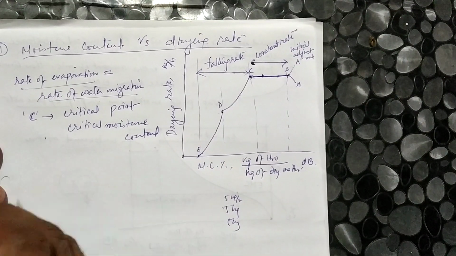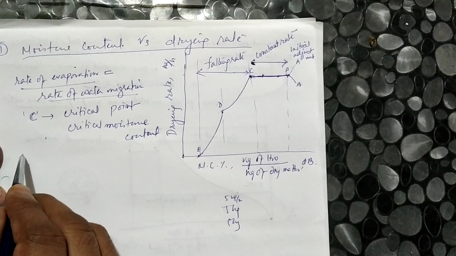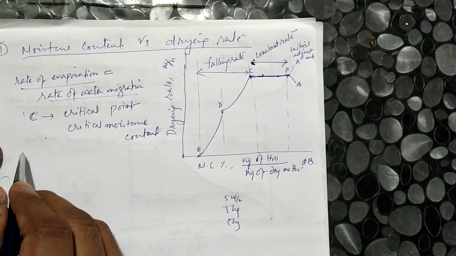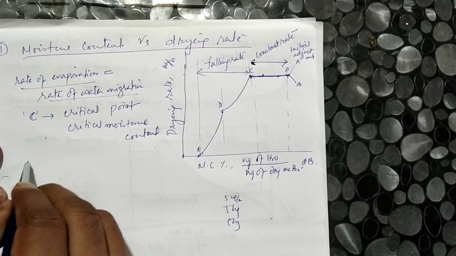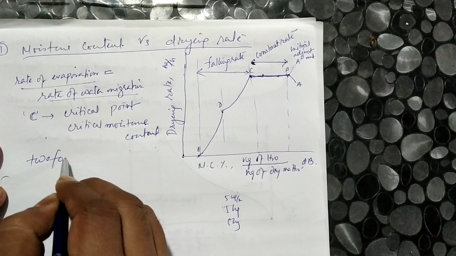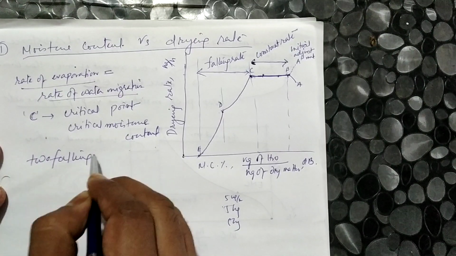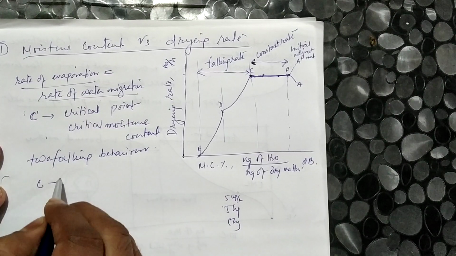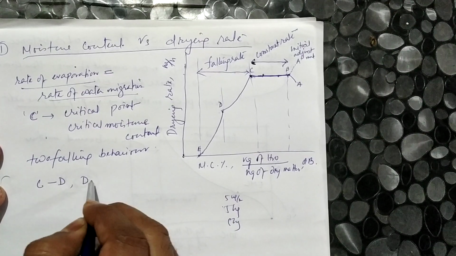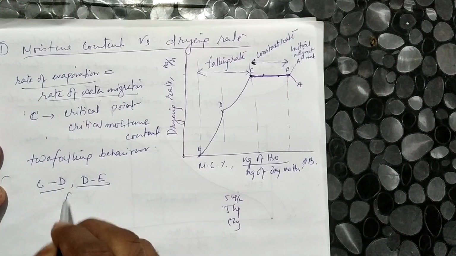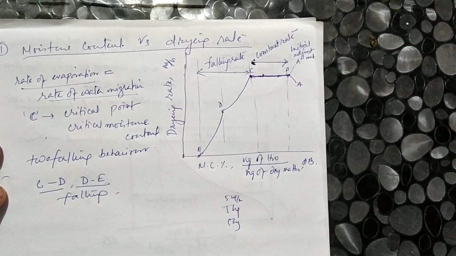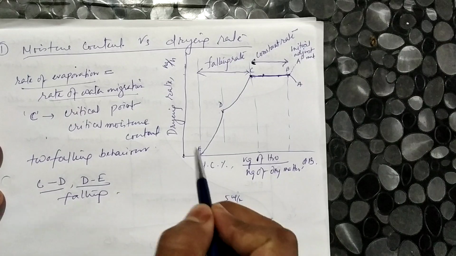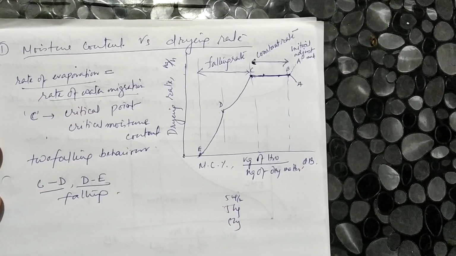So here some crops or grains have shown two falling behaviors. One is CD, another is DE. Both are falling behavior. Here we attain E, the equilibrium moisture content.